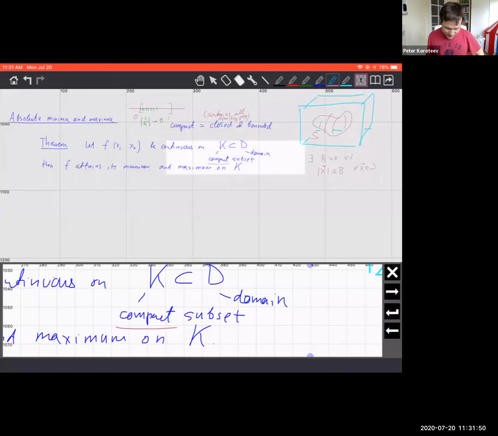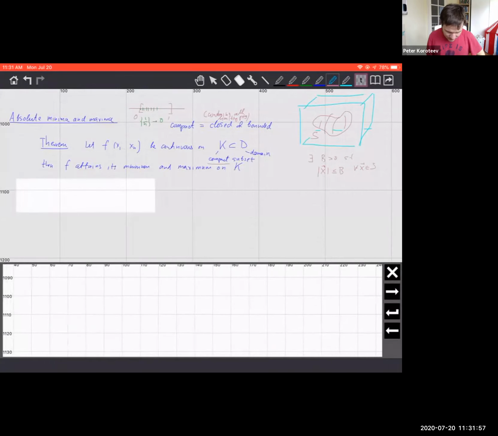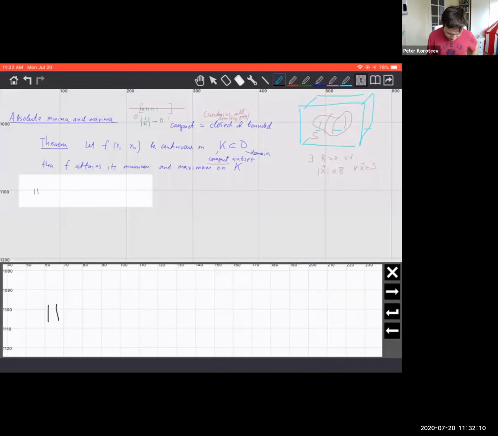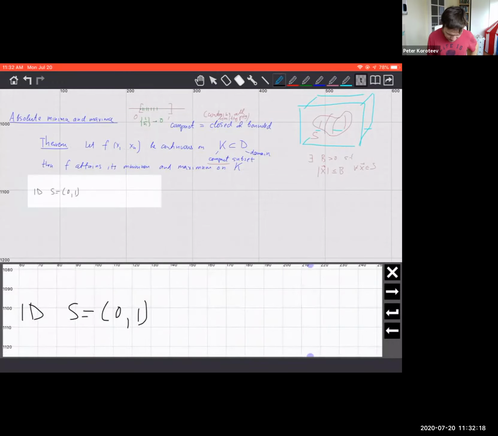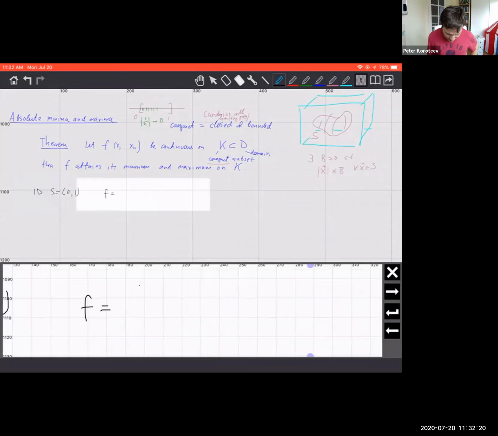Because if you relax the condition of compactness, it's very easy to find a function that does not attain its minimum or maximum on K. So in one dimension, if you take this interval to be from 0 to 1, which is not compact, and for the function, you take 1 over x, it does not attain its maximum at all.